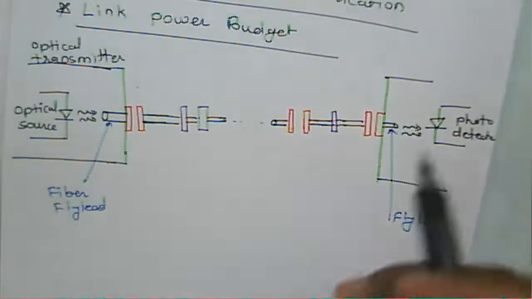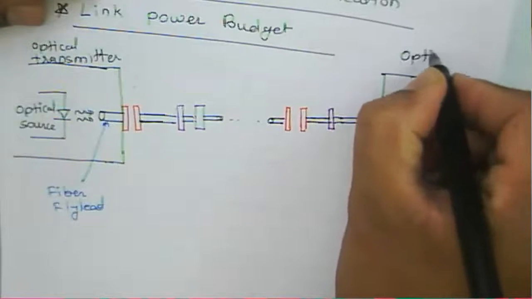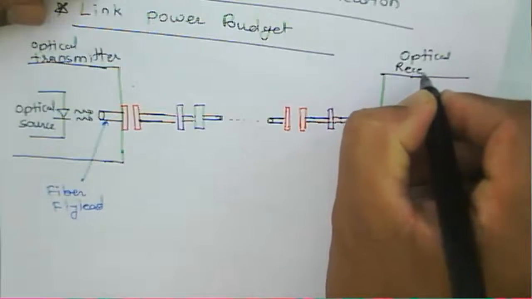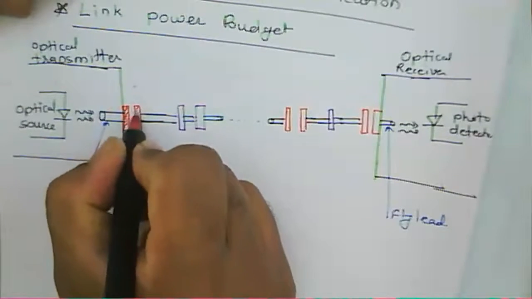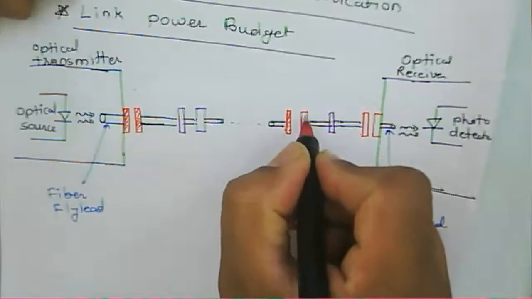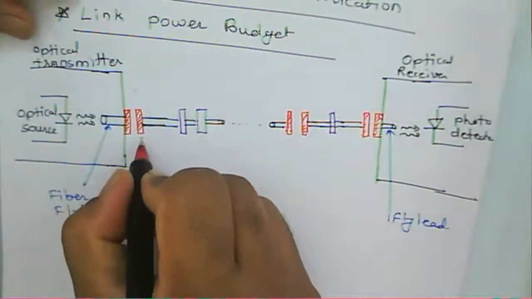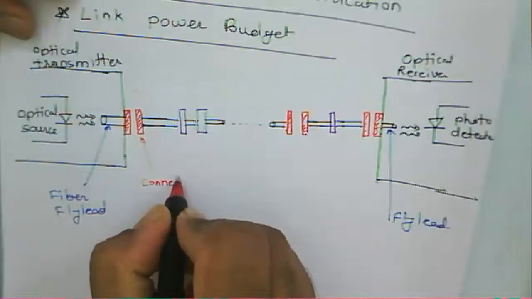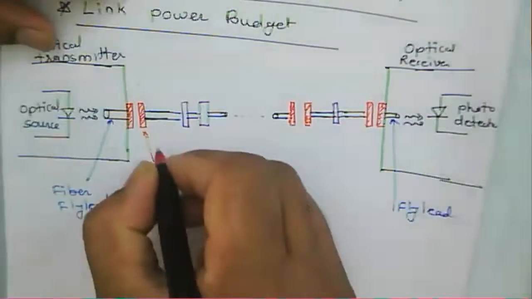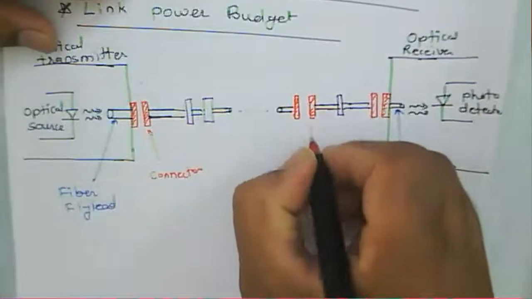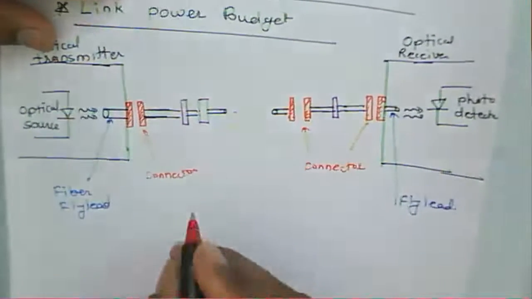This one is the optical receiver. Here we have again the same connector, a connector here.